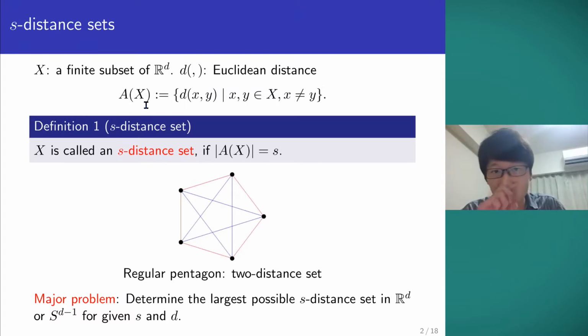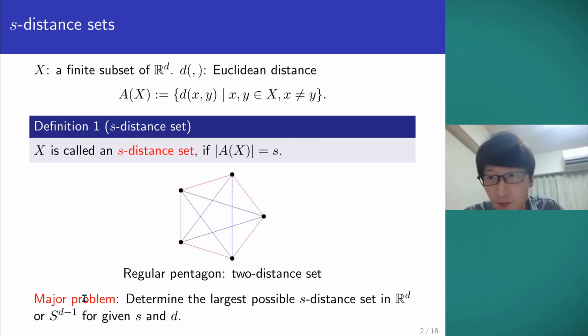The set A of X is the set of Euclidean distances between distinct points in X. X is called an s-distance set if the size of A of X is equal to s. This is a quick example. The vertices of a regular pentagon have two distances, namely the edge and the diagonal lines. So a regular pentagon is a two-distance set.